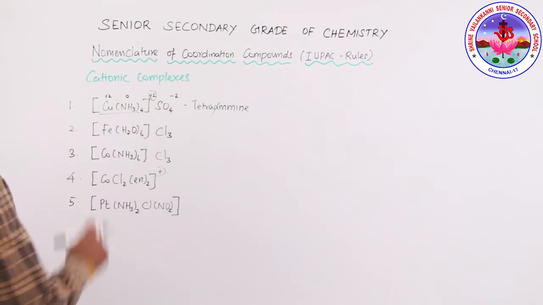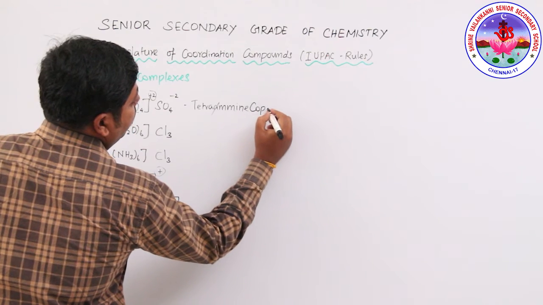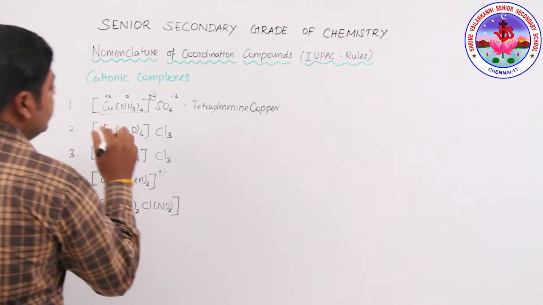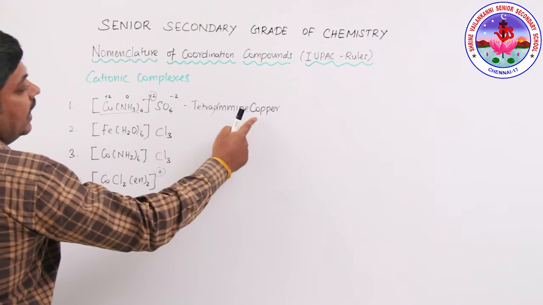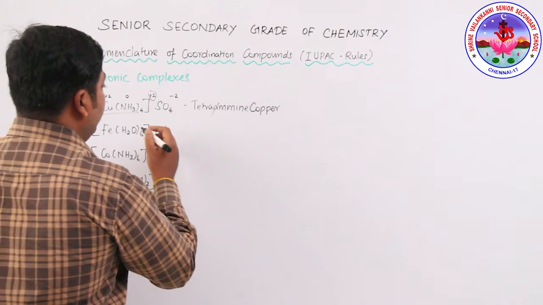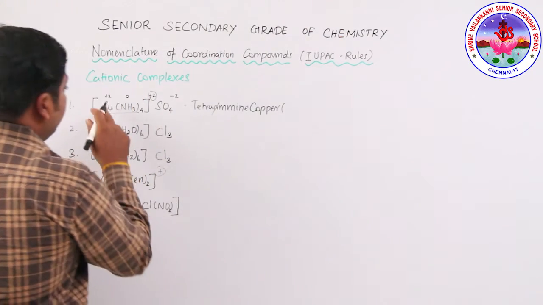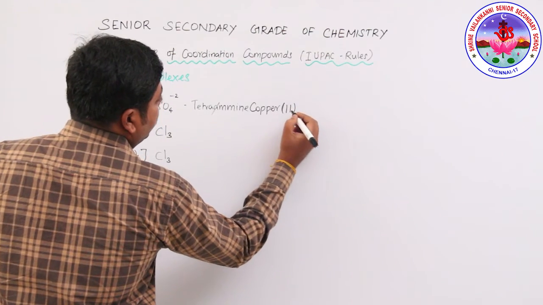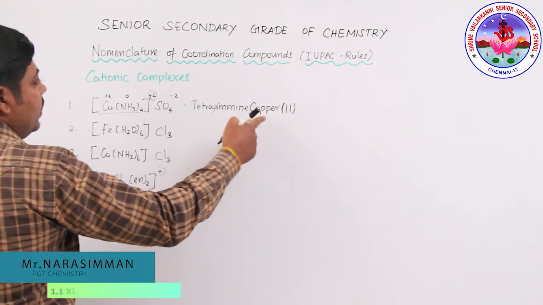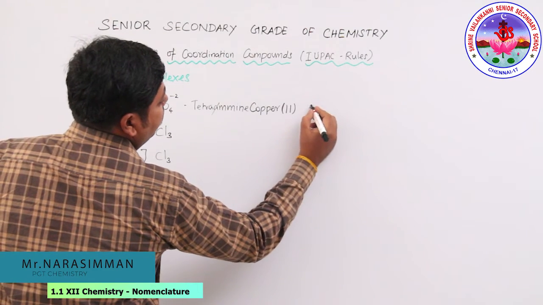Then here, what is given? Copper. Simply write copper; ligand is named first, followed by the metal, then followed by the oxidation state of the metal. Here it is +2, so you have to write the Roman numeral II. So tetraammine copper(II), simply end with sulfate.